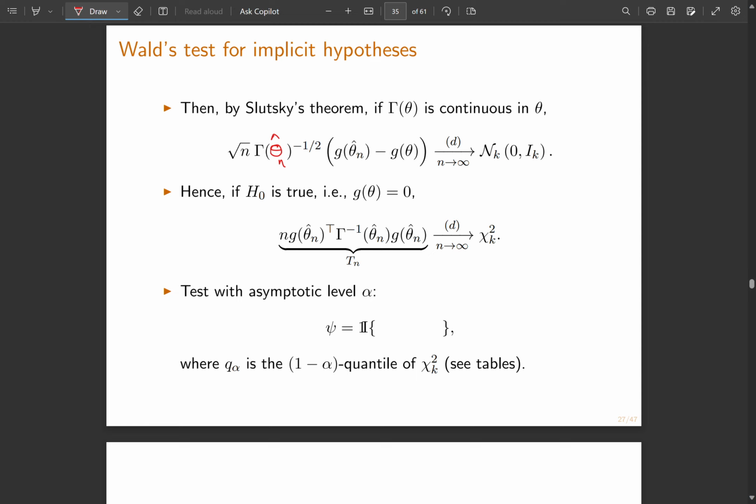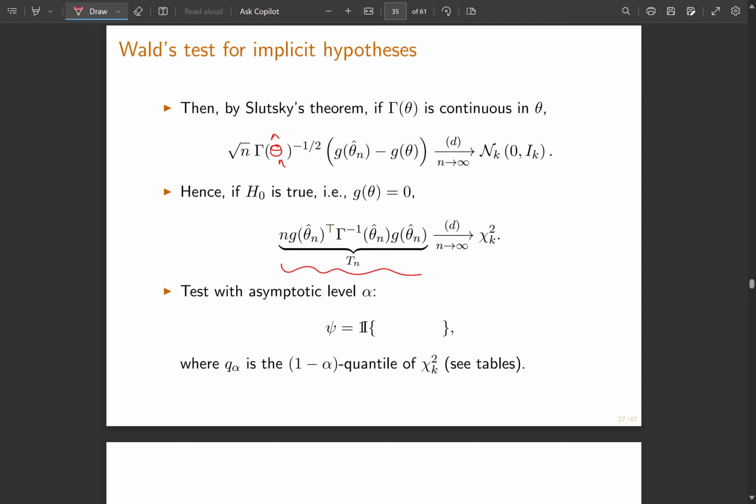Therefore, what we can say is that this test statistics expression Tn is a square norm that converges to chi-square.